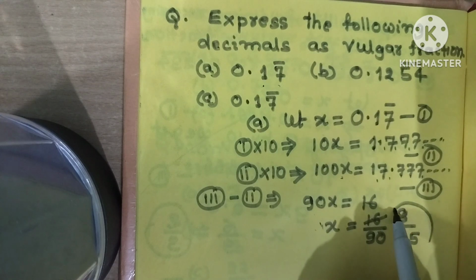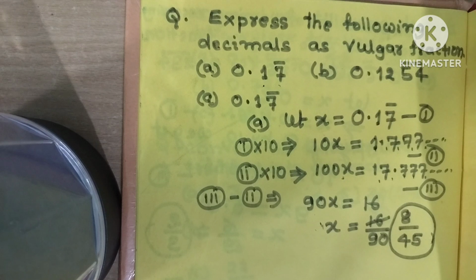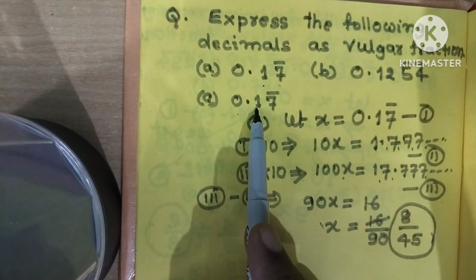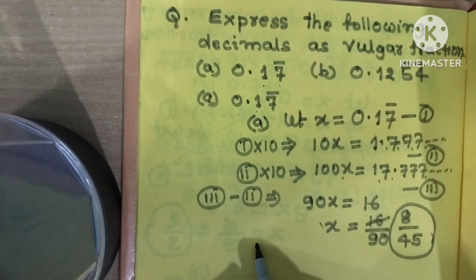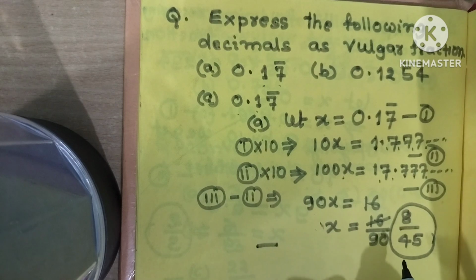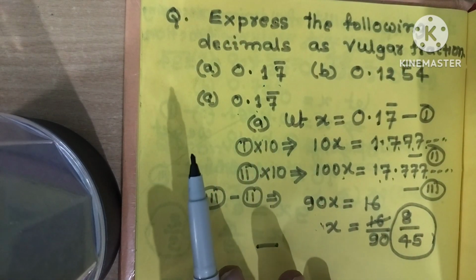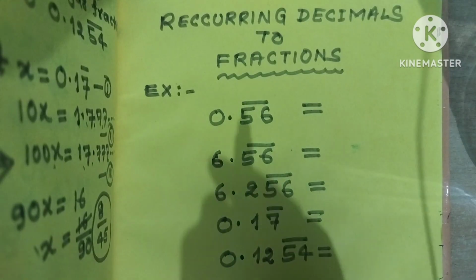So this 8 by 45 is the vulgar fraction, and we have already changed this 0.17 bar to this vulgar fraction 8 by 45. In this way, decimals can be changed to vulgar fractions, either decimals are pure recurring decimals or mixed recurring decimals. Thank you.